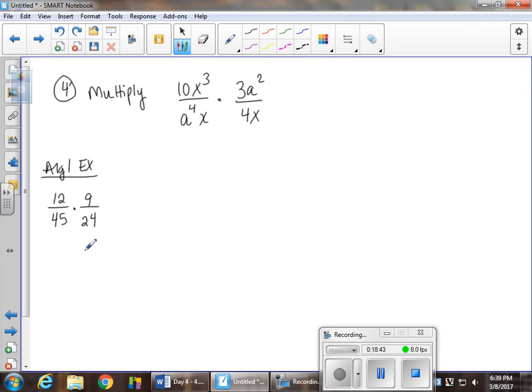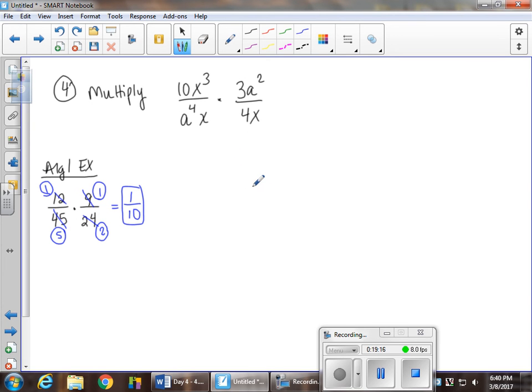Notice 12 and 24. 12 divided by 12 is 1. 24 divided by 12, 2. 9 divided by 9 is 1. 45 divided by 9 is 5. Now when I multiply straight across, 1 times 1, 5 times 2, no calculator needed. So this same simplified diagonal technique will come in handy with something that looks much more complicated.